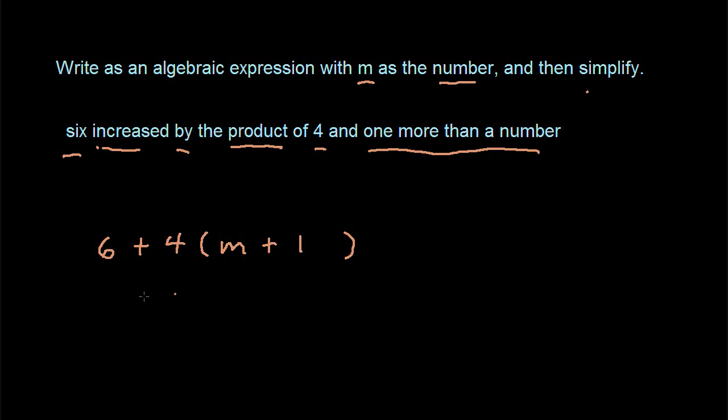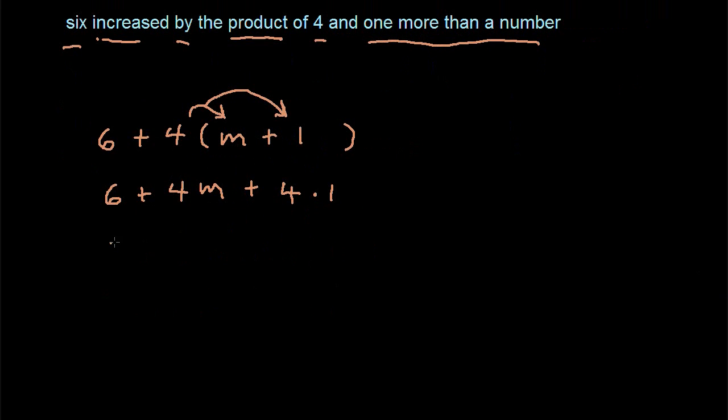Now we need to simplify. So there's no like terms within the parentheses, so the first step is to remove parentheses by using the distributive property. 4 times m is 4m, plus 4 times 1 is 4. And we'll simplify the 4 times 1 part and just write down the rest.